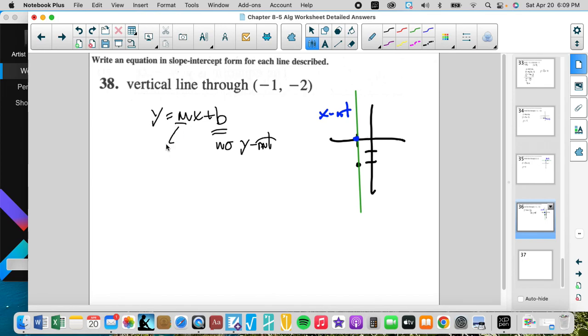And what do we know about the slope? A vertical line has no slope. So we can't describe it. This is actually written x equals -1. That's the equation for that. That is a major tricky question right there. And that was the last one.